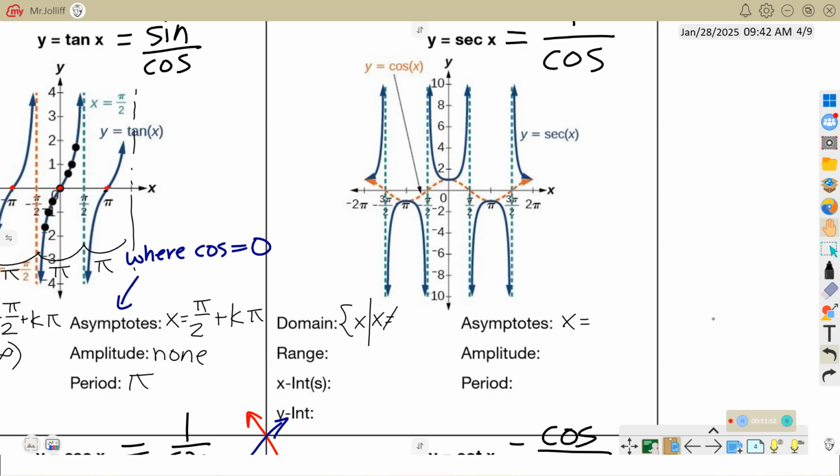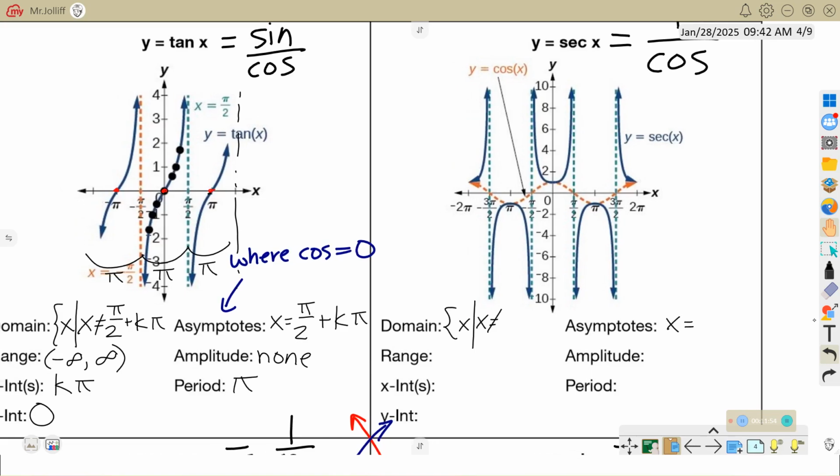So looking at those asymptotes, I'm going to go back and we're going to compare them to tangent. What do we notice about the asymptotes for tangent and the asymptotes for cosine or secant? The same. This is occurring at pi over 2. The next one's 3 pi over 2.